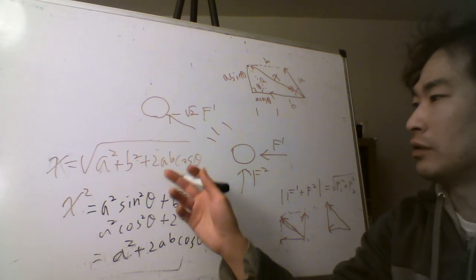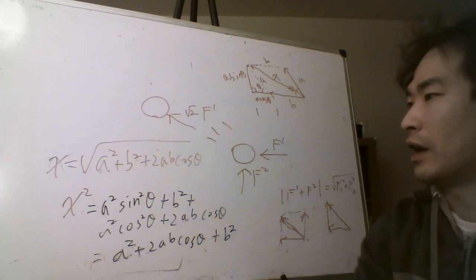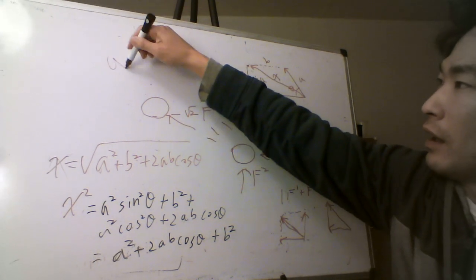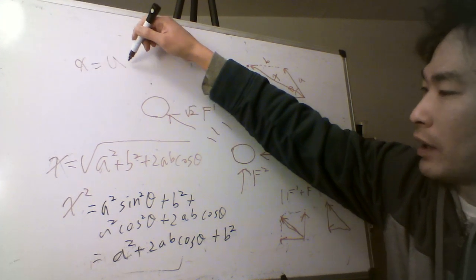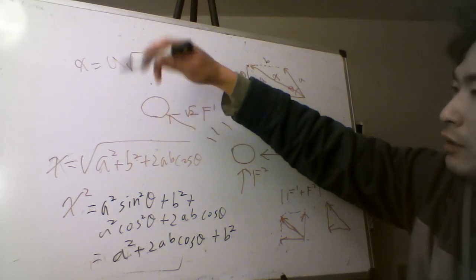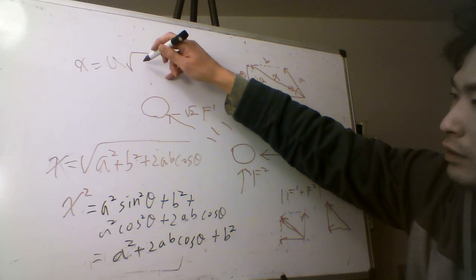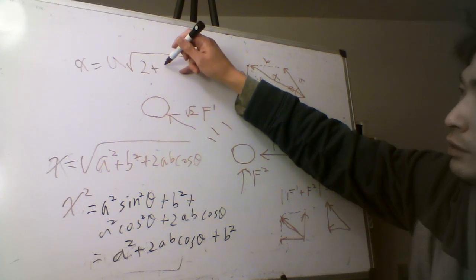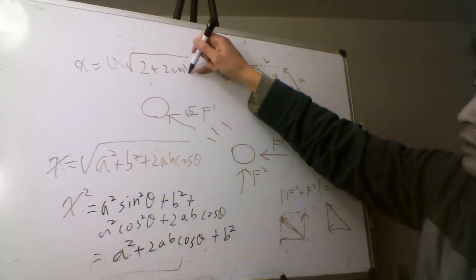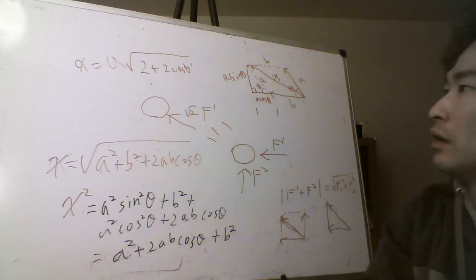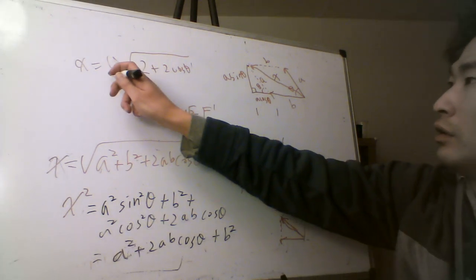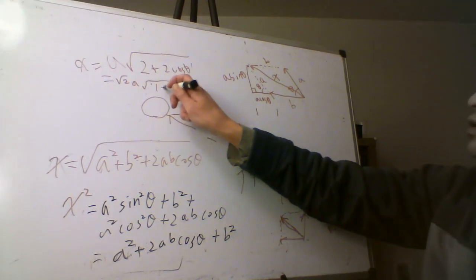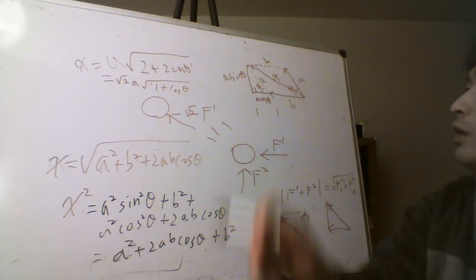If A and B are equal, then A squared, they get out of that. A gets out, A squared plus A squared, okay, 2 plus 2 cosine theta, okay? And 2 gets out, square root 2 A, square root of 1 plus cosine theta, when A and B are equal.